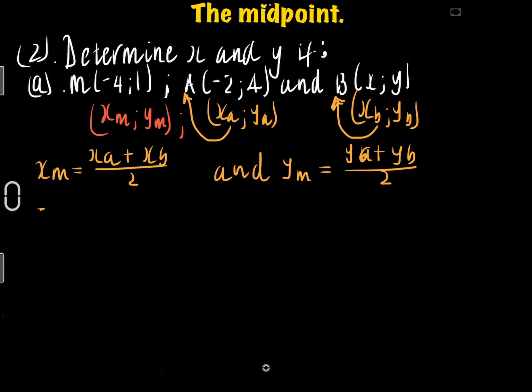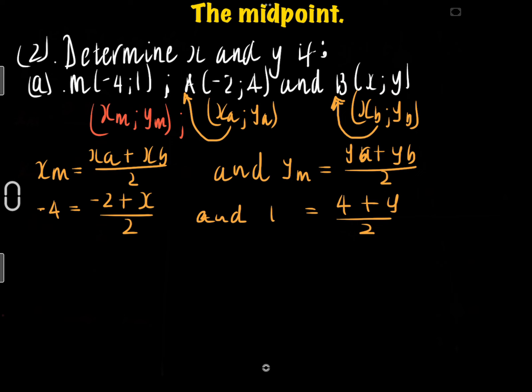So xm in this case is just simply -4 is equal to, and now xa is -2 plus xb, xb is just x, divided by 2, and ym is 1 is equal to ya is 4 plus yb is just simply y, divided by 2.